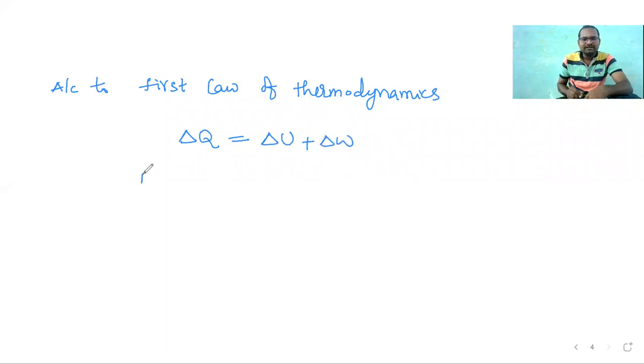But in an adiabatic process, delta Q should be equal to 0.